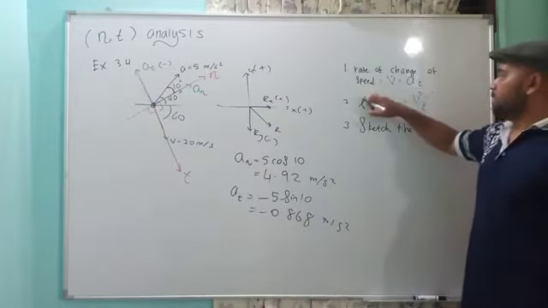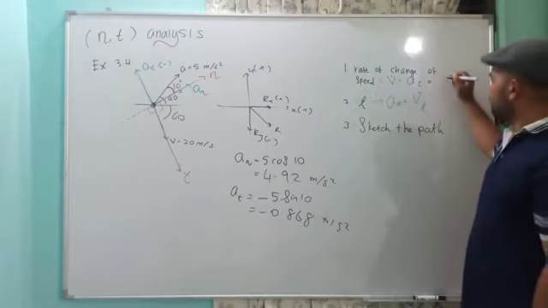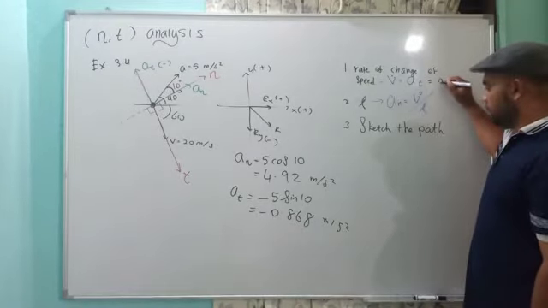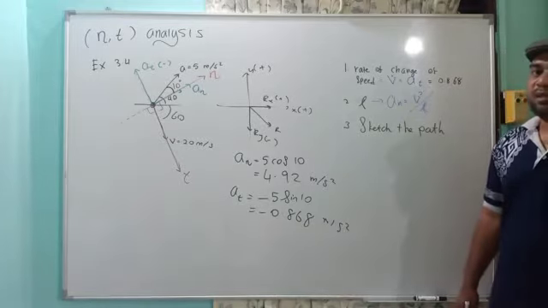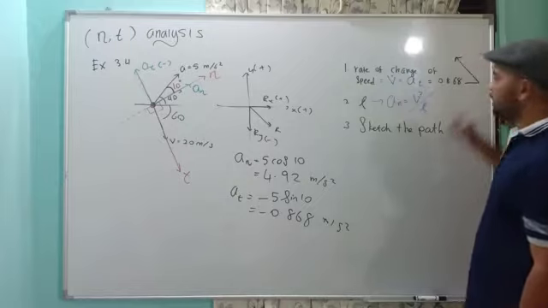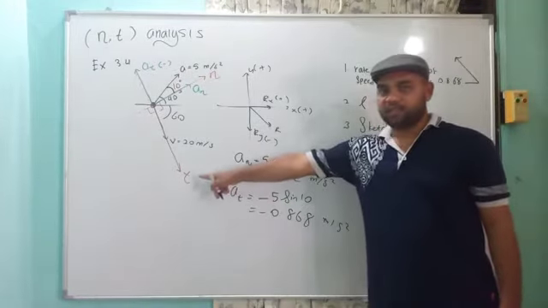What is the rate of change of speed, which is A tangent? So you got the A tangent equal to 0.868. Now I'm putting this negative because we have positive direction downward.